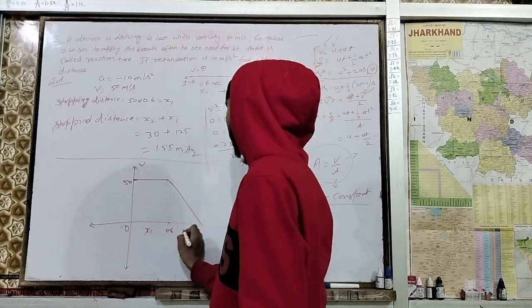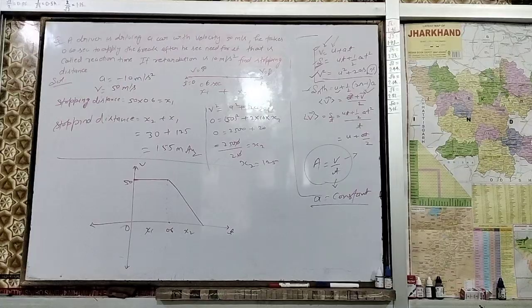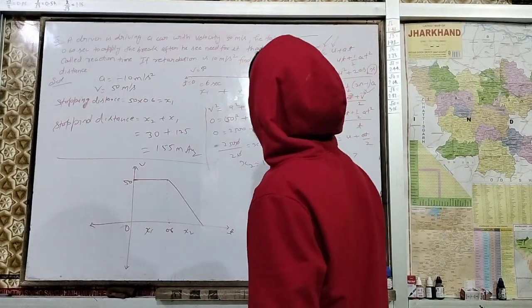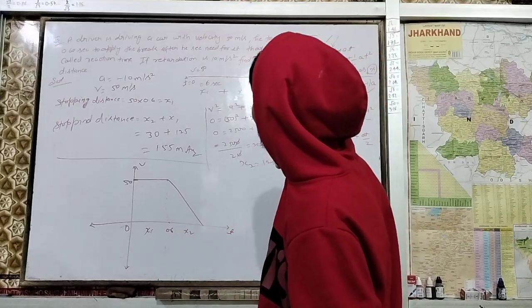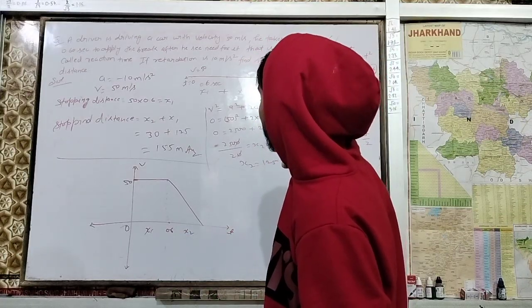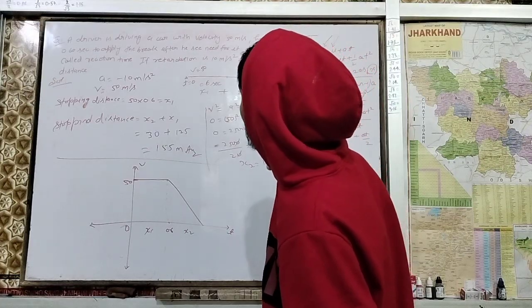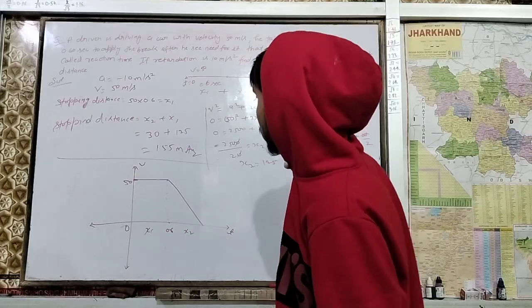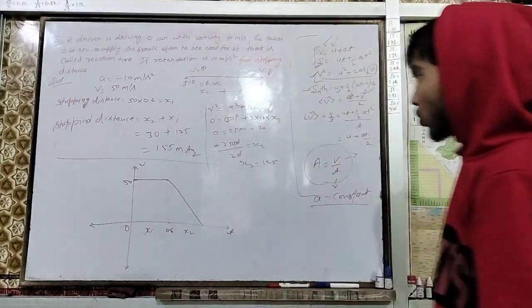So this is x1 and this is x2. Now tell me, this 0.6, the area under the curve is our total distance.